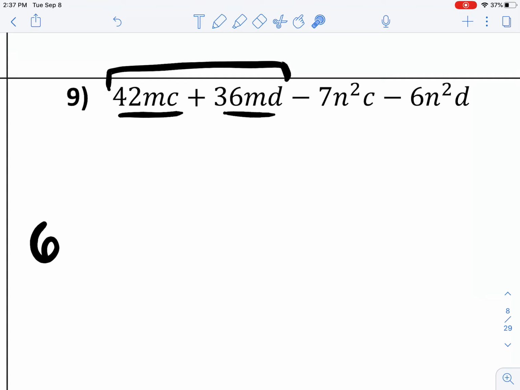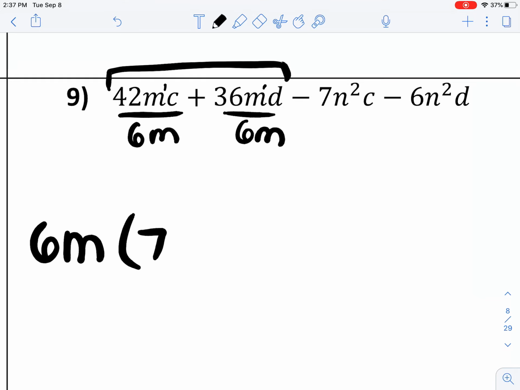Now I'm looking at letters. They both have m, and they both have the imaginary 1 on the exponent, so I'm just going to put m in my GCF because they both have the exact same thing. Now this term has c and this term has d, but they don't have the opposite, so I cannot put c or d in the GCF because they don't both share it. So my GCF is just 6m.